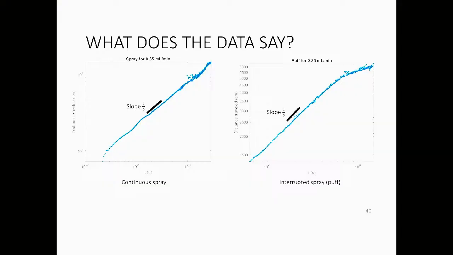And for the puff, we see 1/2 while we are still pushing the spray, and then it crosses over to 1/4 when we stop pushing. So these are very clean experiments that show this nice crossover.